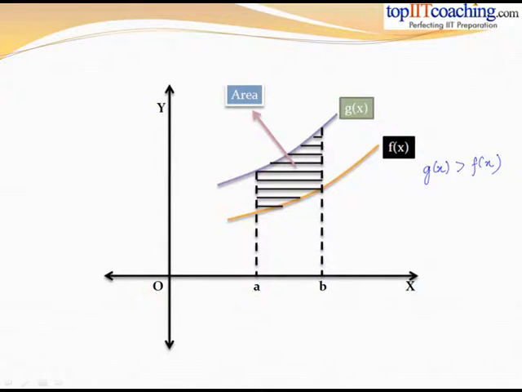This portion represents the area between the curves and the lines x equal to a and x equal to b. So this area is given by A equal to modulus of integral of g(x) minus f(x) dx from a to b.